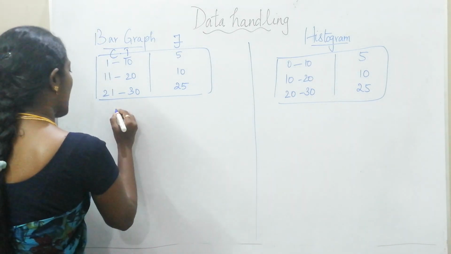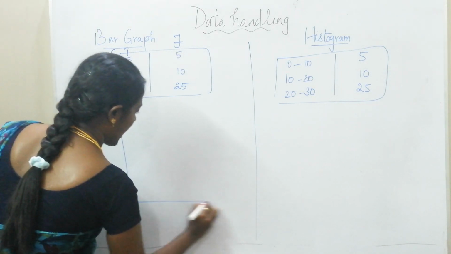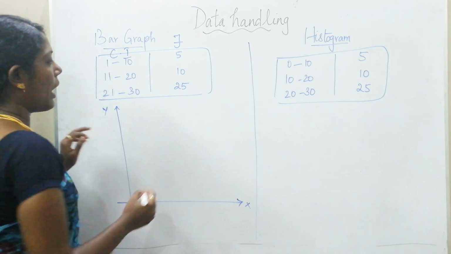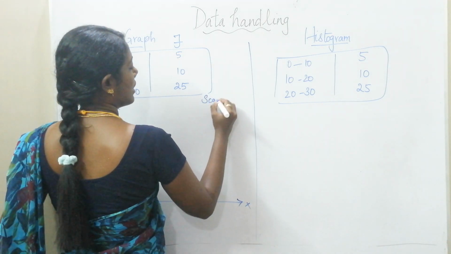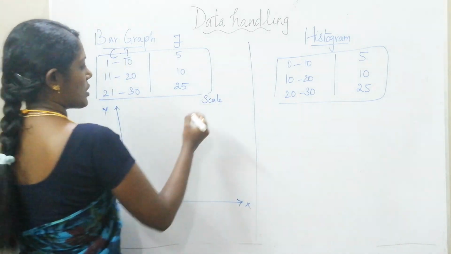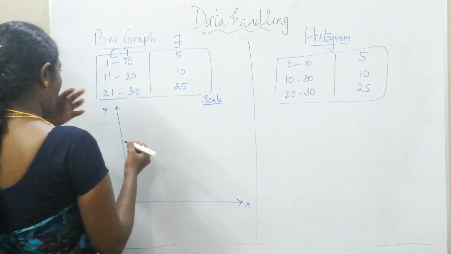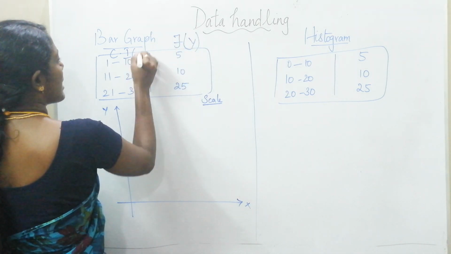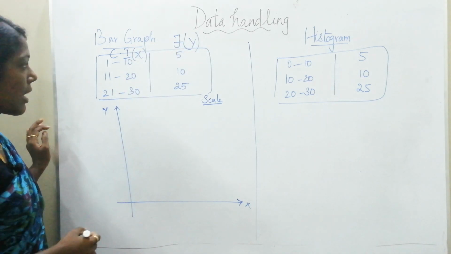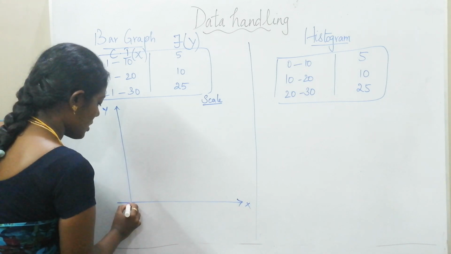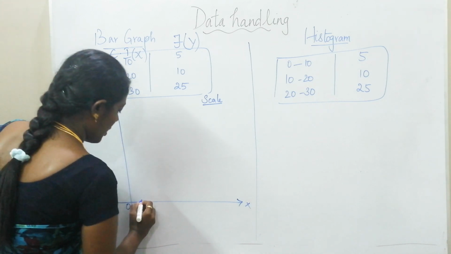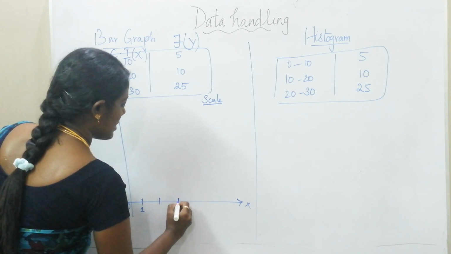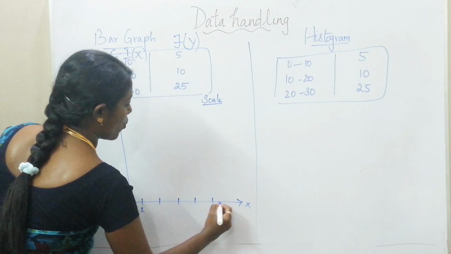Now for drawing a bar graph, I draw my y-axis and x-axis. I have to write my scale at the top right corner, which is mandatory, and my frequencies are always on the y-axis and my class intervals are always on the x-axis. Now this is my origin. This is 1, second, third, 4, 5.